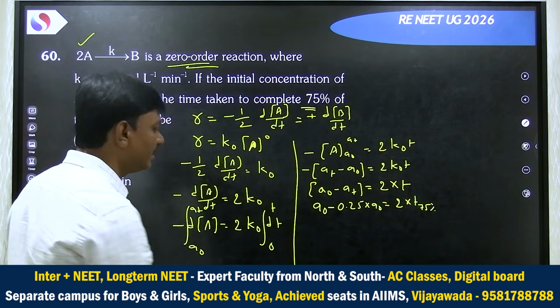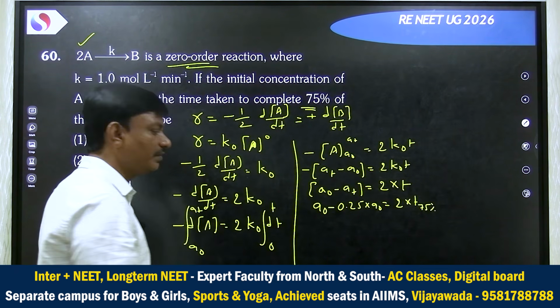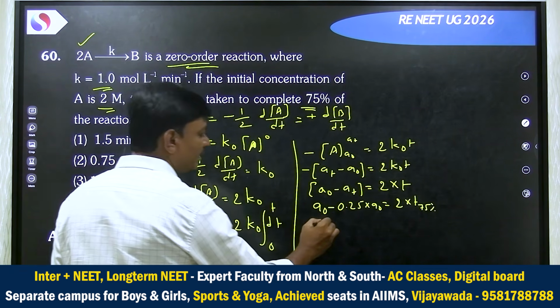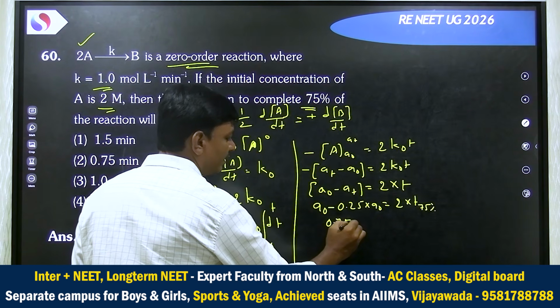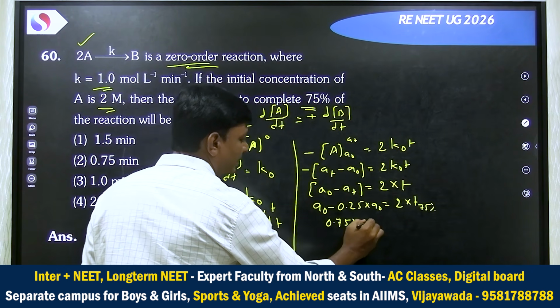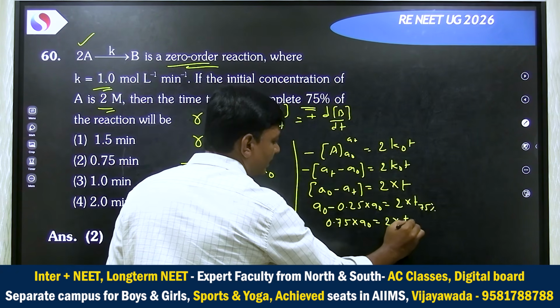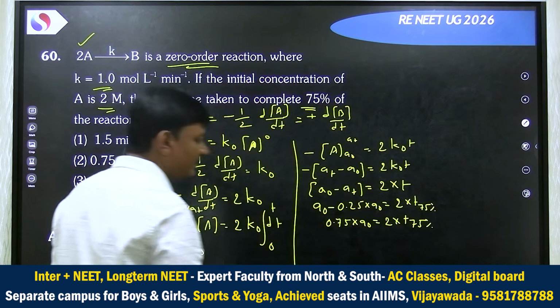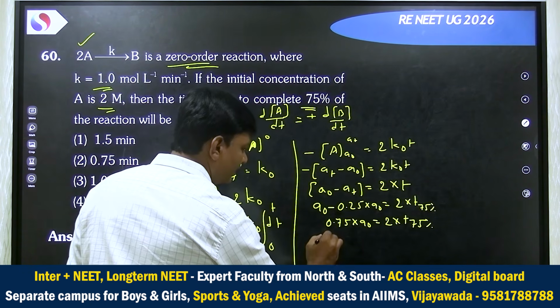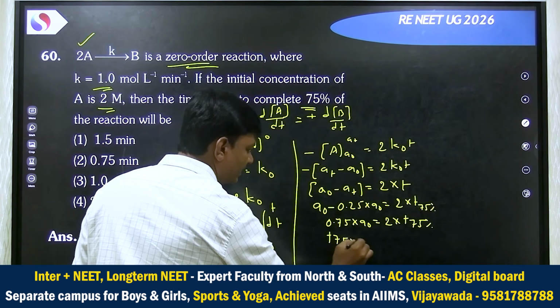A naught minus 0.25 A naught, the remaining will be 0.75 into A naught. It is equal to 2 into t 75%.